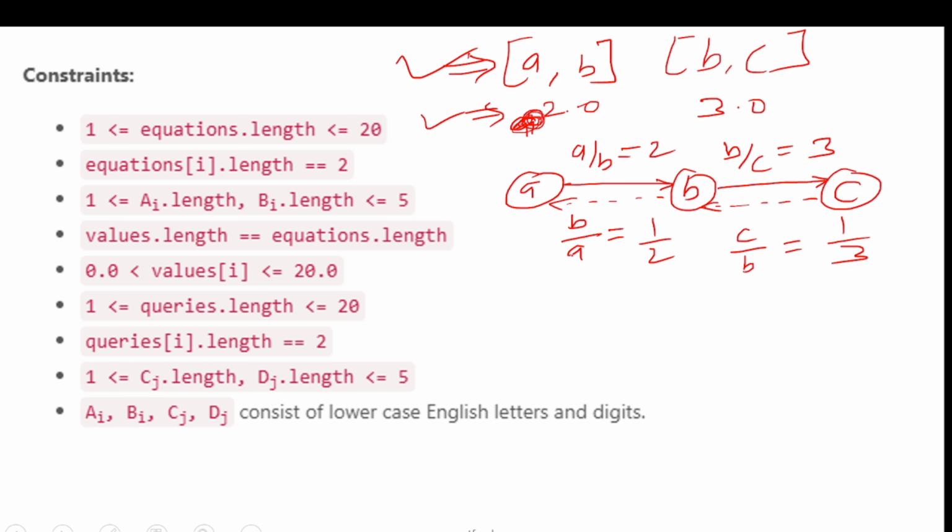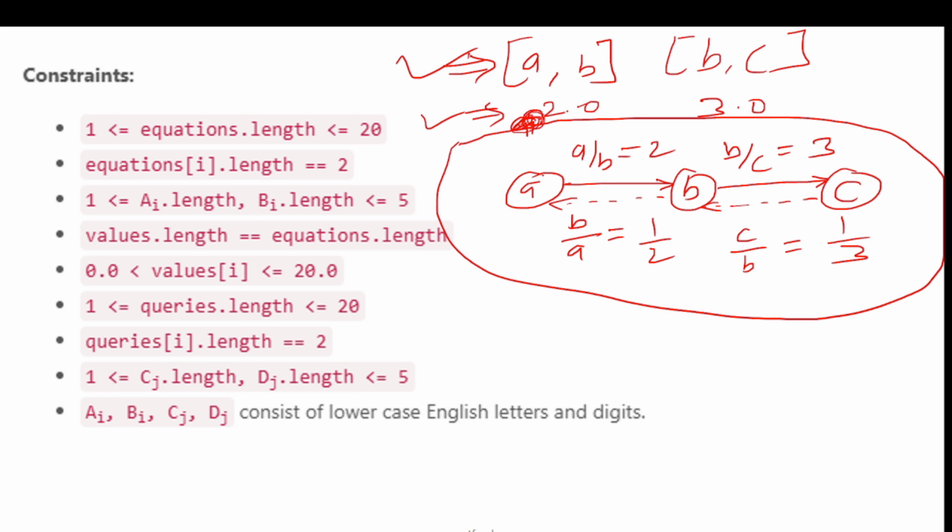So here we can say that the nodes a and c belong to the same group in the graph, right? Because this is a complete graph, and we have connected each other. So a and c is connected now in the graph.